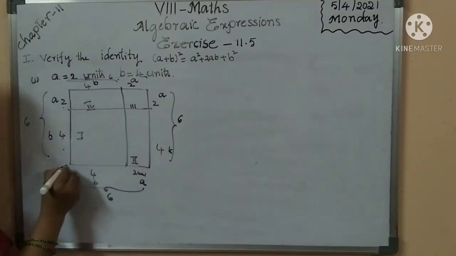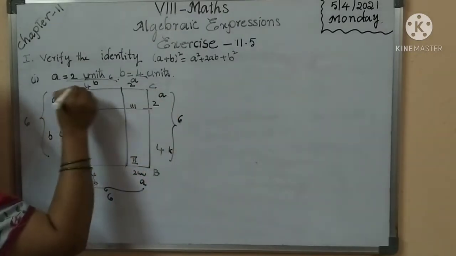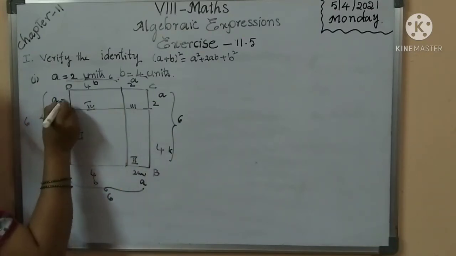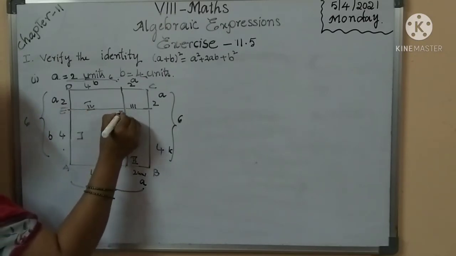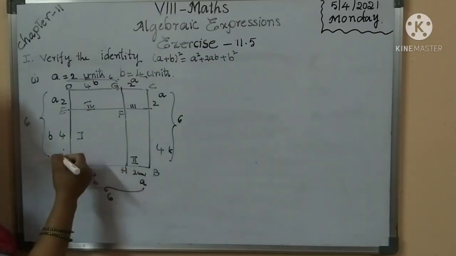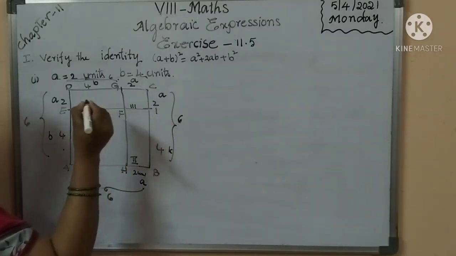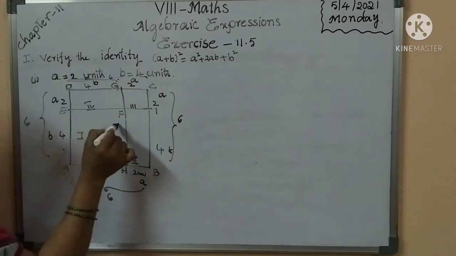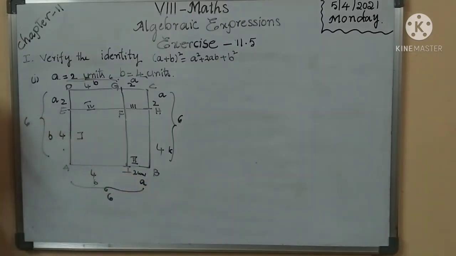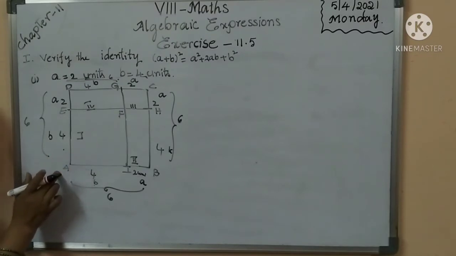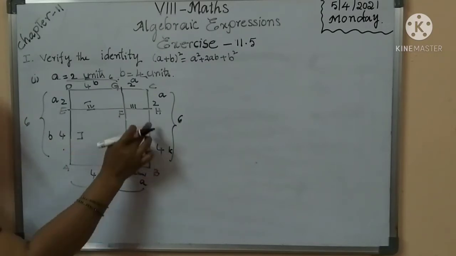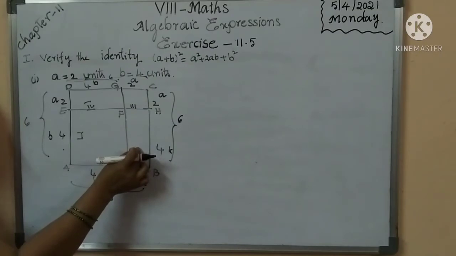The whole square is A, B, C, D. Then D, E, F, G, H, and this is I. Observe that the first region is the square E, F, I, and another is the rectangle I, B, H, F.